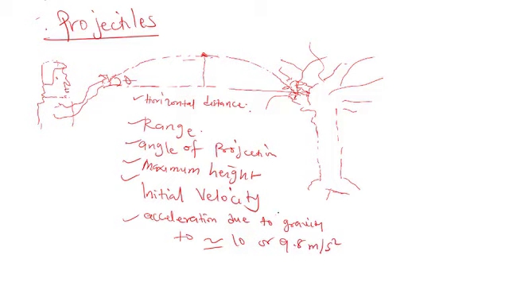Now these points are very important for us to note when we want to deal with projectile, of how a projected object travels from one point to another, and these are the basic parameters that we need to take into consideration whenever we are dealing with projectile.